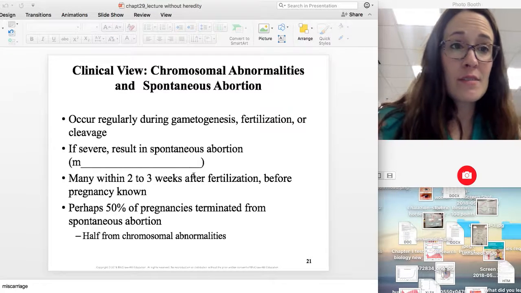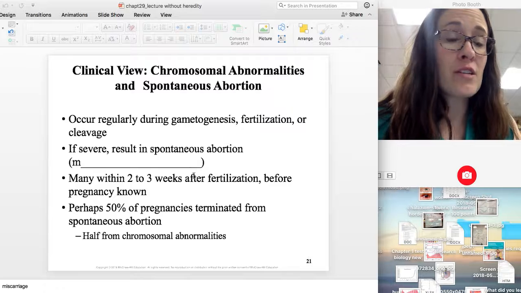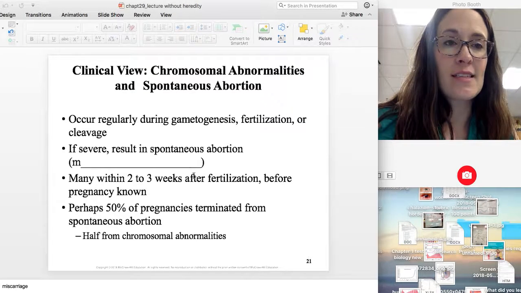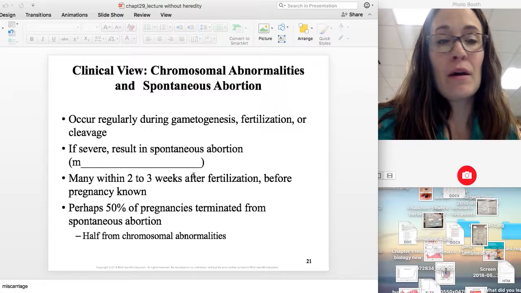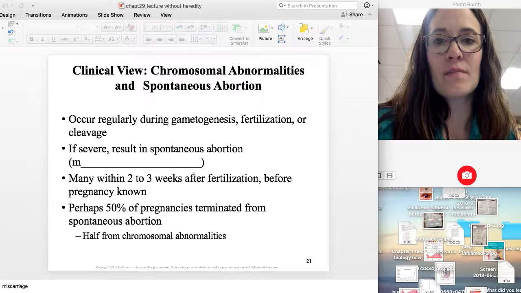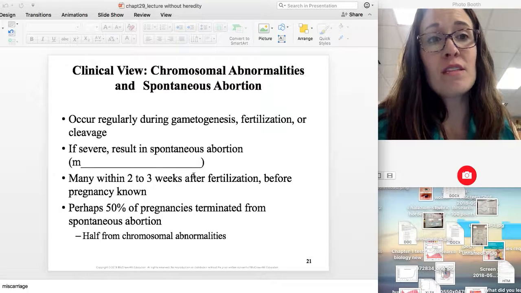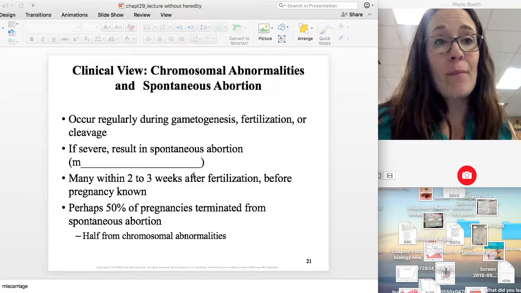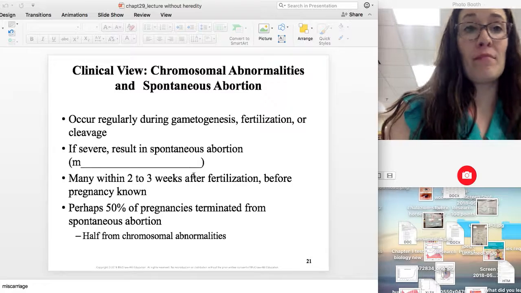And a lot of times, a miscarriage is undetected. The woman doesn't even know she's miscarrying because it's happening so early, 2 to 3 weeks after fertilization. Some say that as many as 50% of pregnancies end in miscarriage.